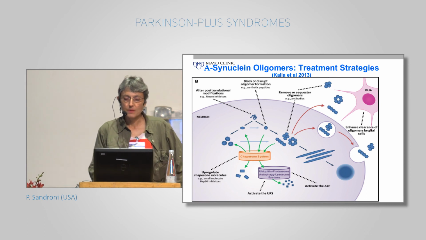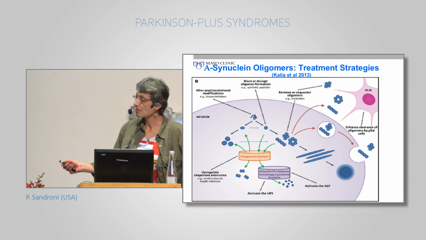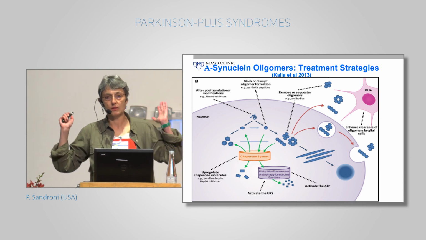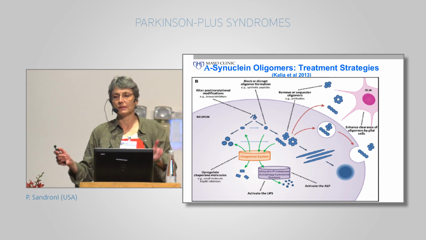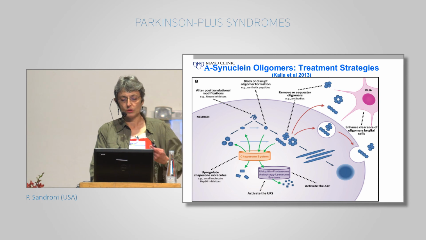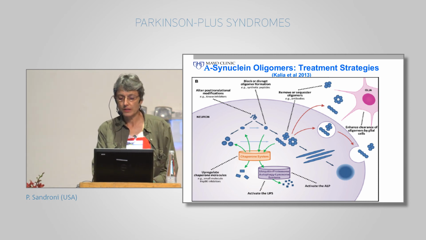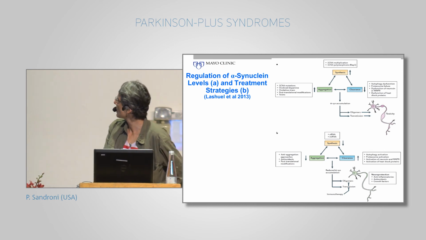How about treatment? Well, I'm not going to spend a huge amount of time on all this, but basically the concept is that everyone is now targeting the alpha-synuclein and saying, okay, how can we stop it? So there are antibodies that people are trying to develop. You try to reduce the production, try to improve clearance. I don't think this is legible, probably.